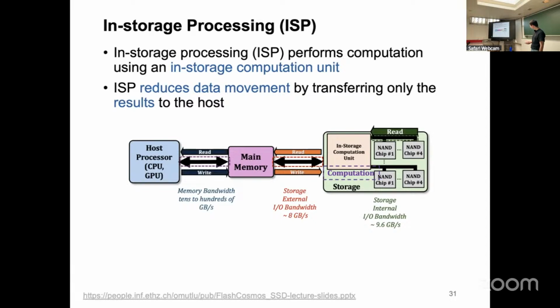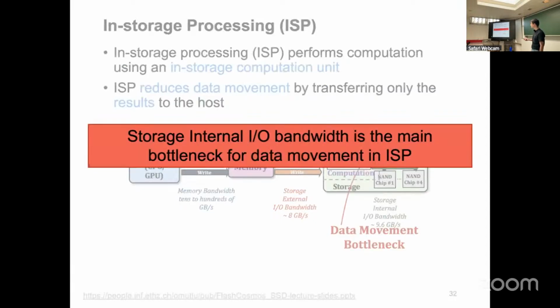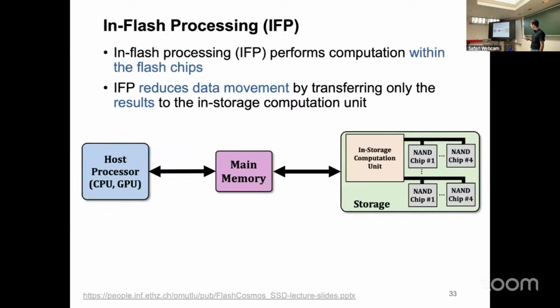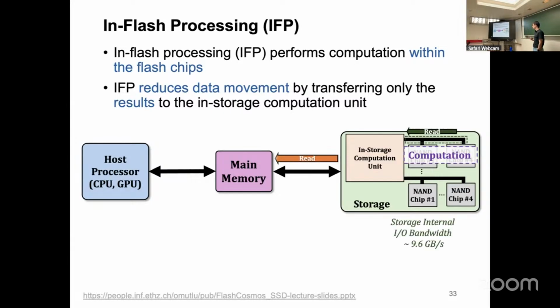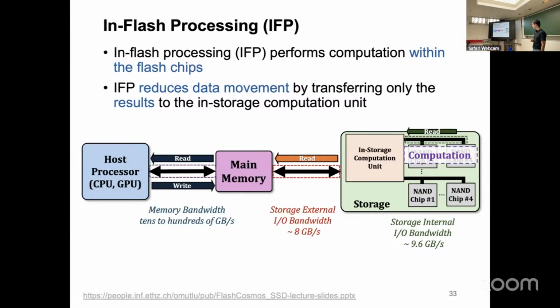However, we just moved the bottleneck from outside the storage to inside the storage. In-flash processing, in contrast, performs the computation entirely inside of the NAND chips. So we only send back the results to the in-storage computation unit, which then maybe does some more processing and then sends it back up the memory hierarchy.